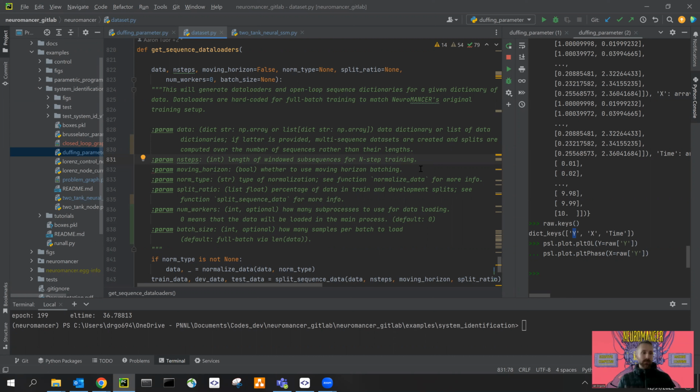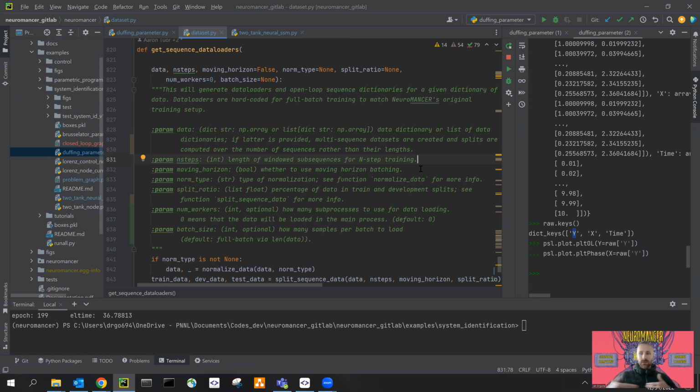But you can do it in multiple ways. You can just cut it as a sequence of continuous n steps, or you can cut it as a moving horizon, where you are shifting your horizon one step ahead and taking the subsequent 10-step ahead horizon.